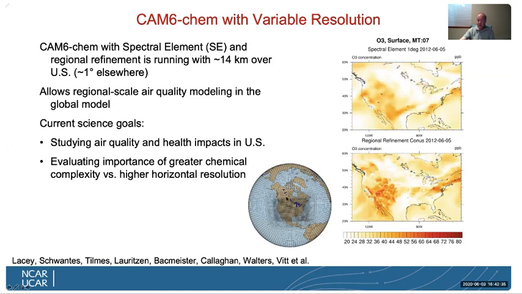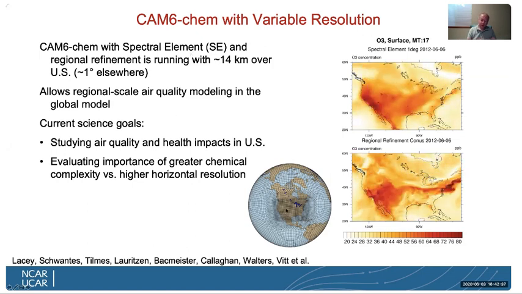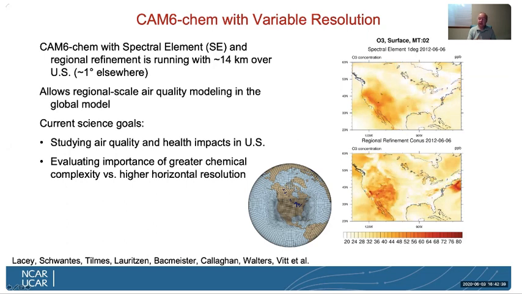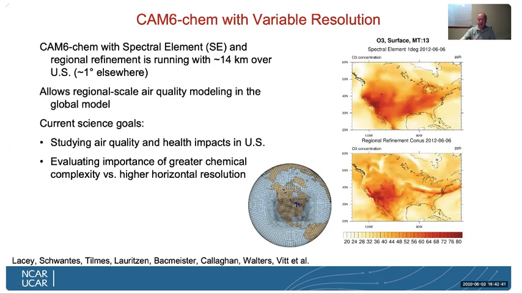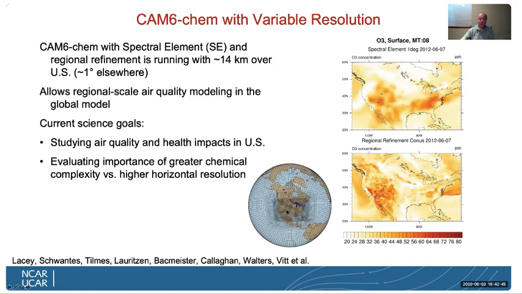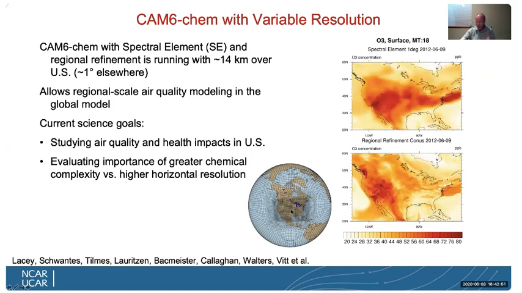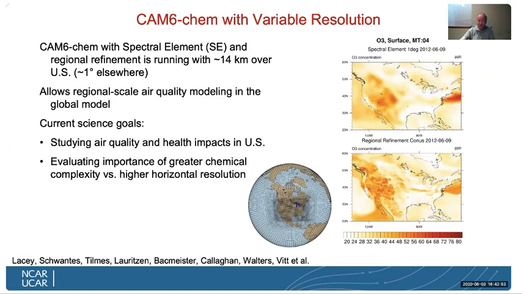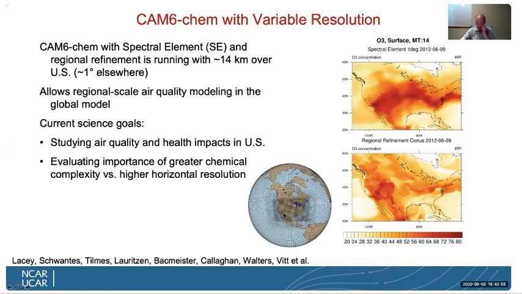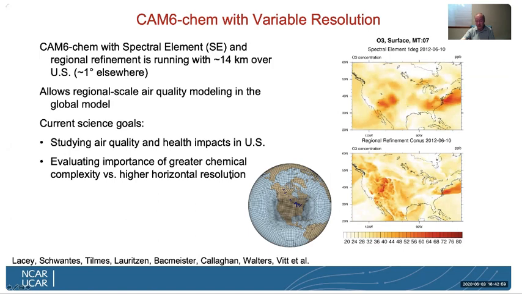With that dynamical core, we can do grid refinement in regions of interest. In this case, it is the CONUS region, the continental United States version. You can see 14 kilometer resolution over the continental United States, gradually increasing to 1 kilometer resolution elsewhere.